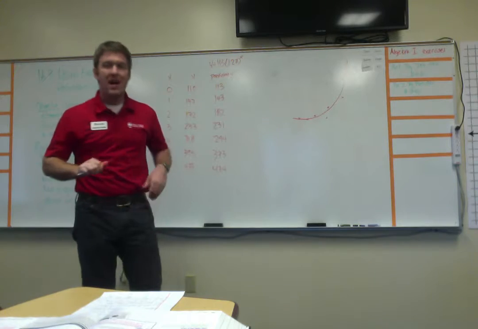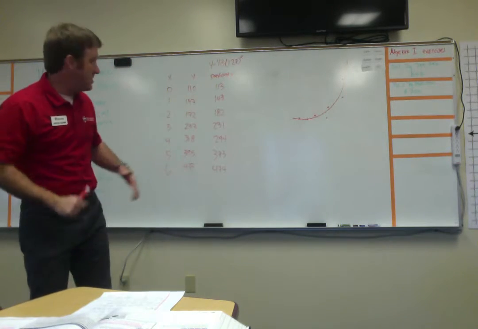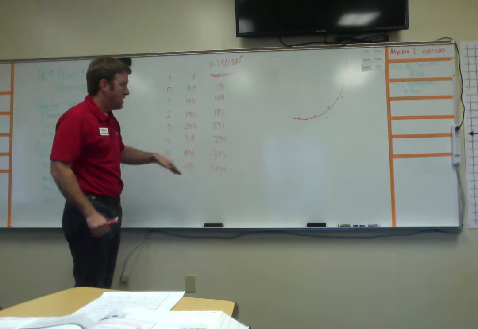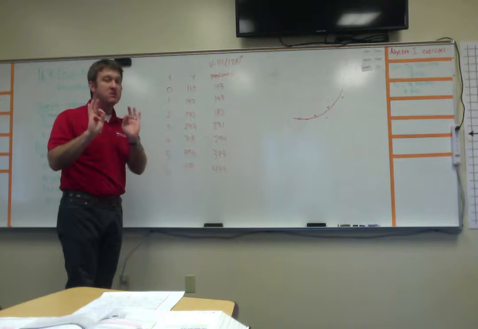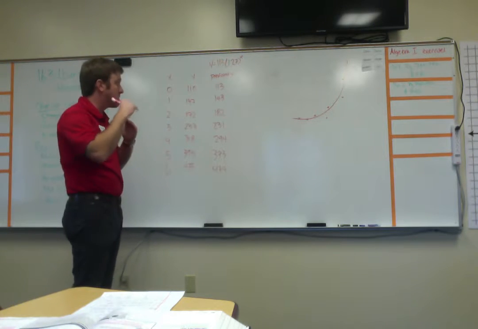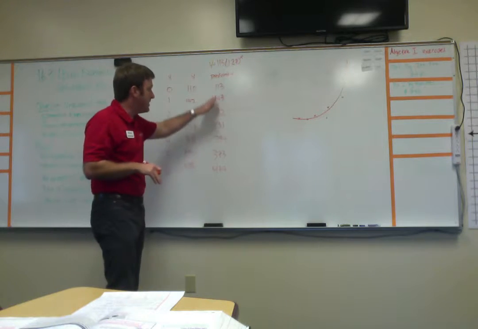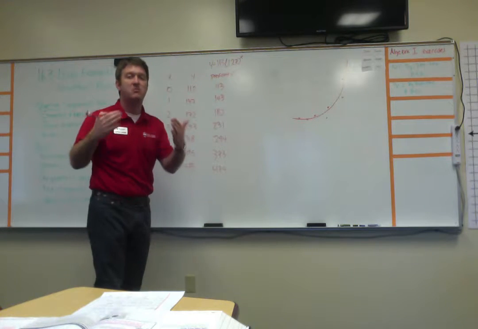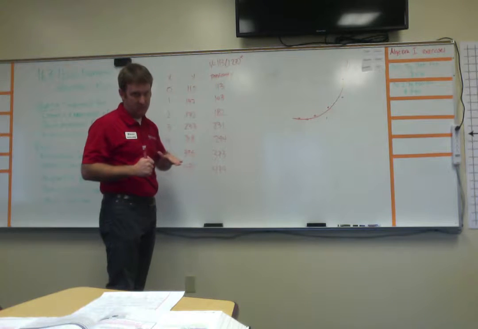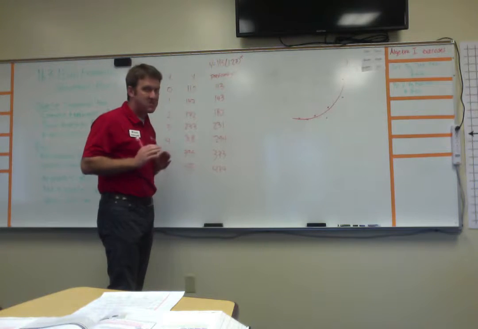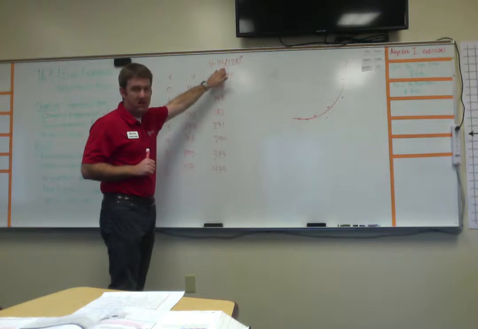So now we're saying these are actual values. In our exponential model that shows the growth of this quantity over time, these are the values we would expect based on our model.